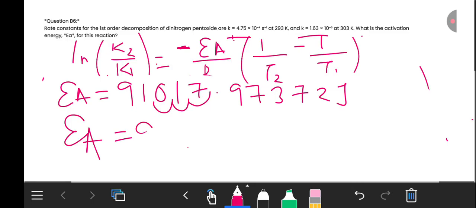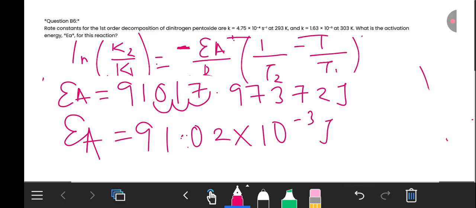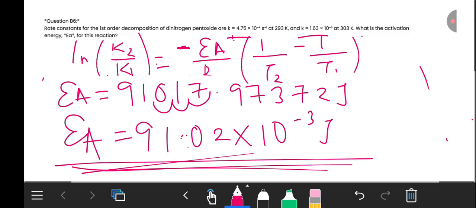So it will be 9.102 times 10 to the power 3 joules. So you can write it in this format. So that's it for this question.